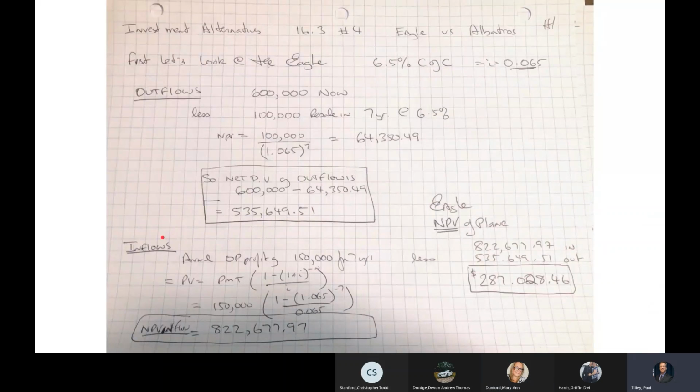The next thing that we had to do was look at the inflows. So this is the net value of the outflows. So the net value of the inflows is we're going to make an annual profit on this of $150,000 for 7 years. So effectively, we're looking for the net present value of $150,000 for 7 years.